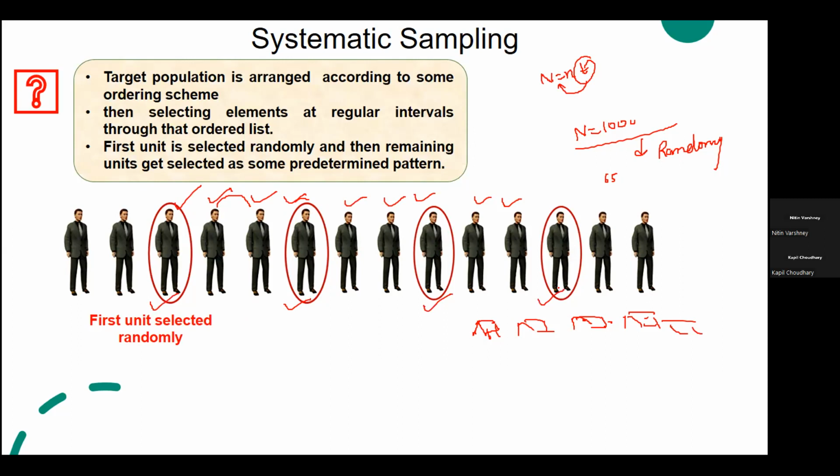So in this situation, whenever we have a household survey and houses are in a row, some arrangement, we will go for it. And one more important example is milk yield.